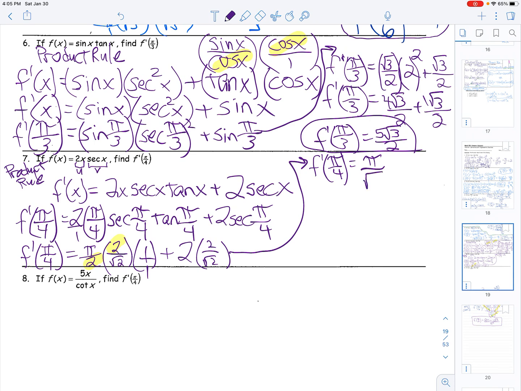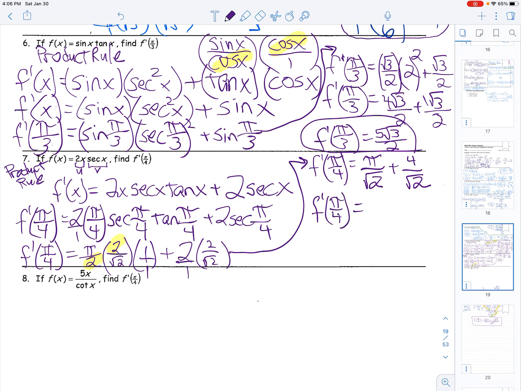So pi over radical 2 times 1, which is radical 2, plus 2 over 1 times 2 over radical 2, so 4 over radical 2. That's nice. You have a common denominator. No need to rationalize. If you want to, that's fine.